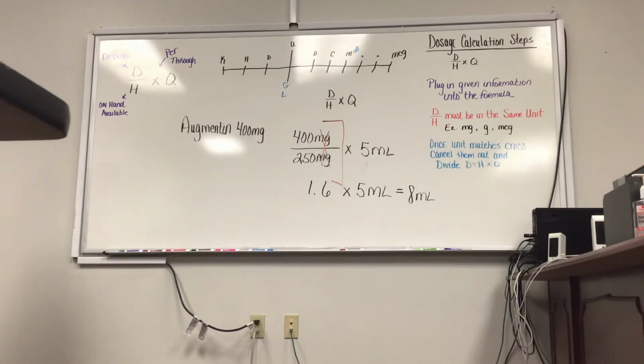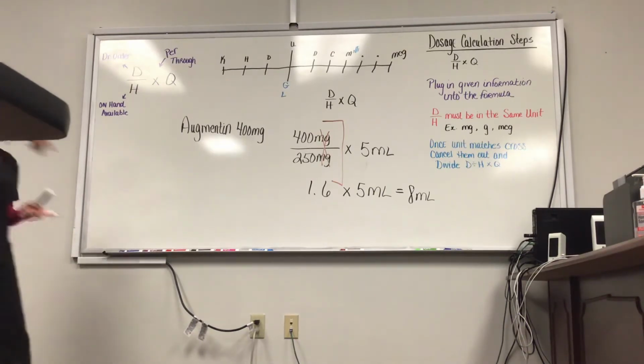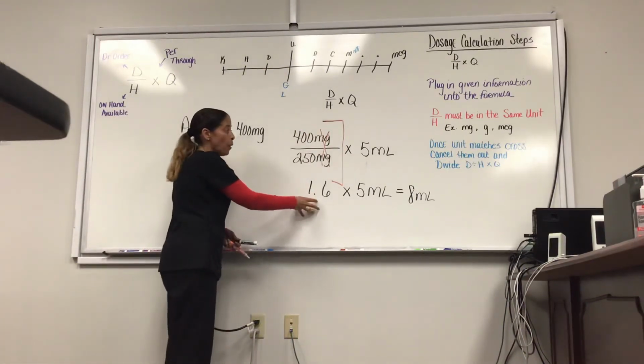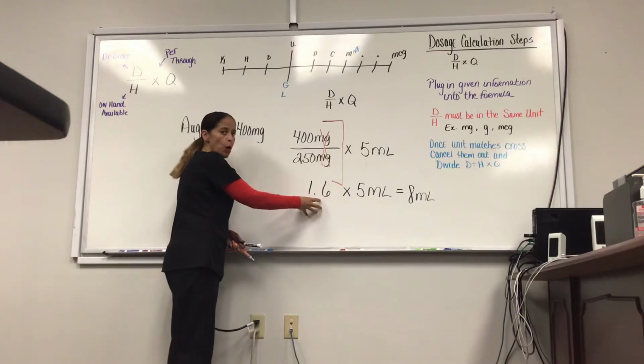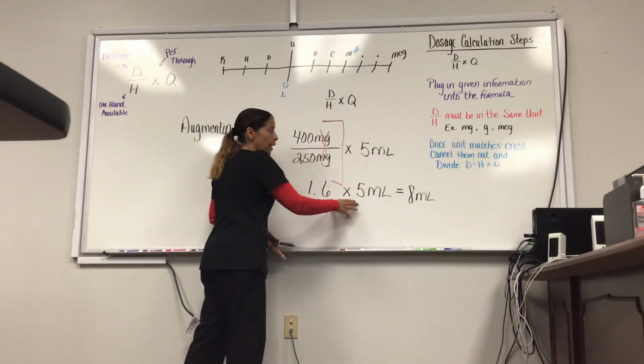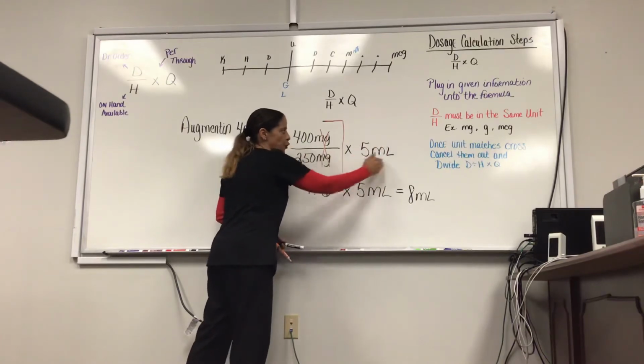Okay, I get it. So all we did was our division, we got the 1.6, we took the 1.6 and we just multiplied it by 5, and it's in mLs. Your answer is going to be in mLs.